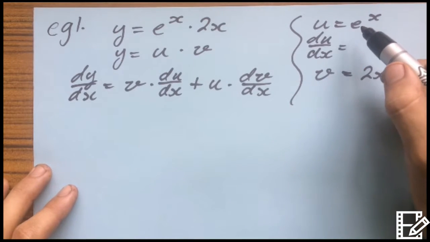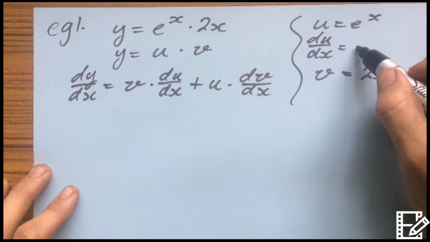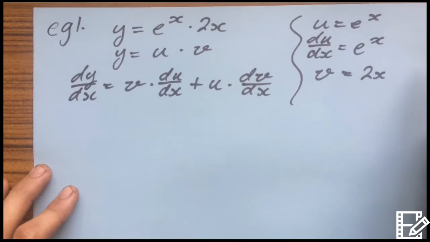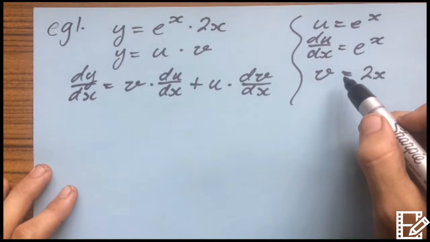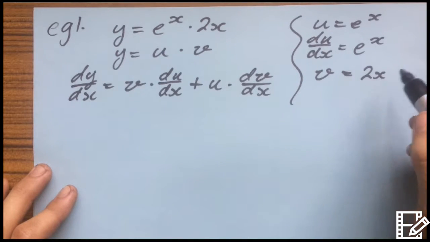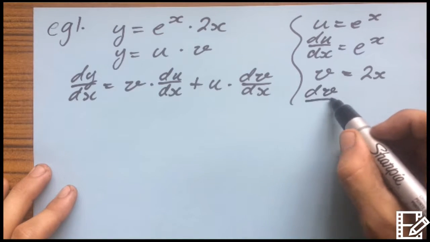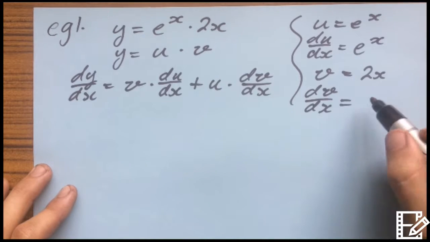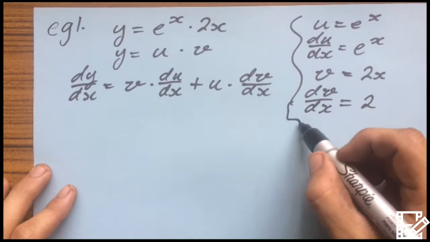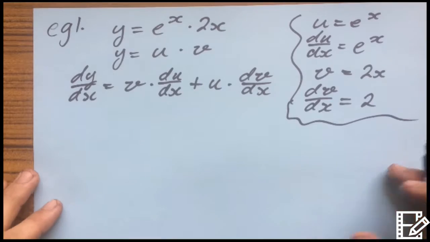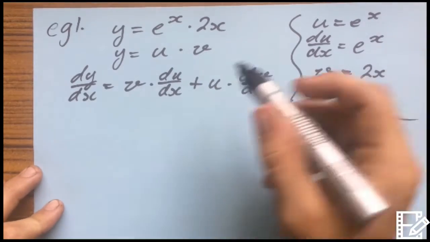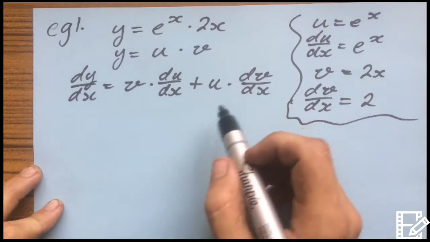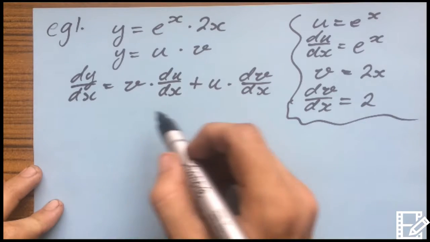Like I said before, the derivative of e^x is just e^x. The derivative of v is 2x, so the derivative of v would just be 2. So now we have these values, we can input them into the equation.